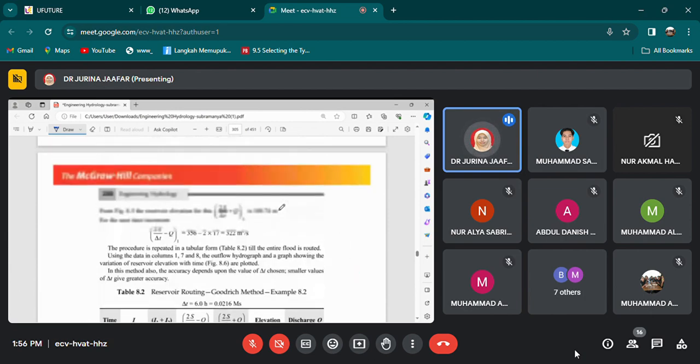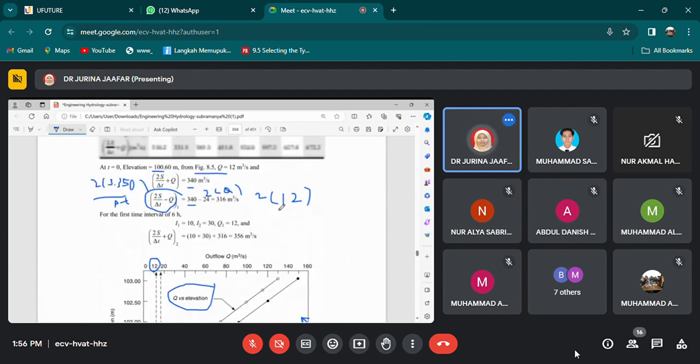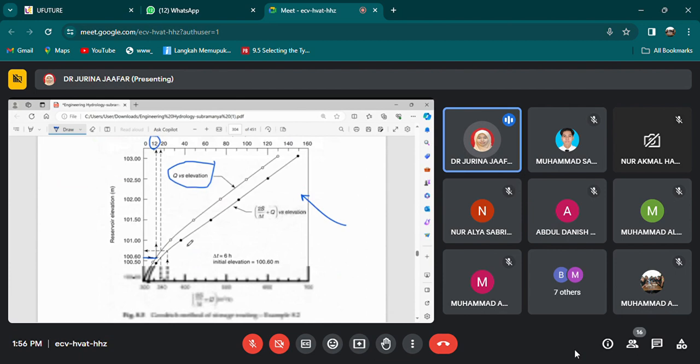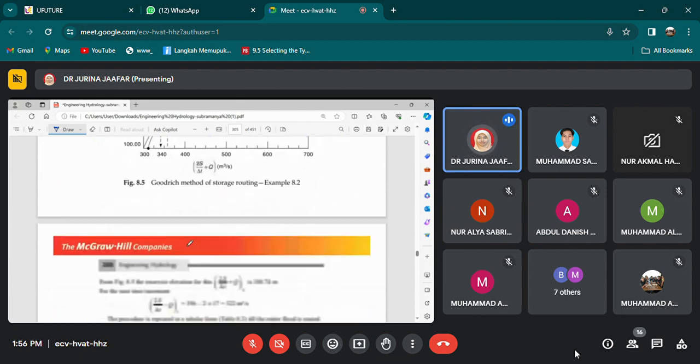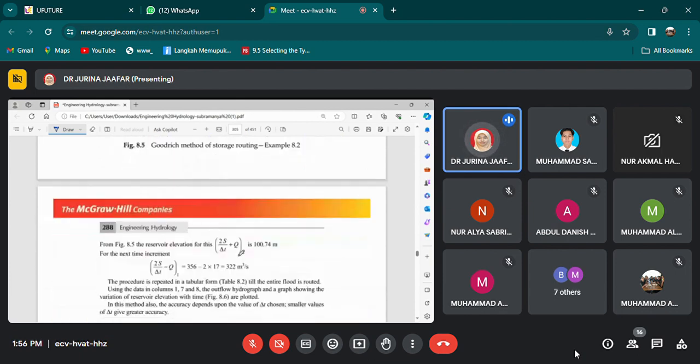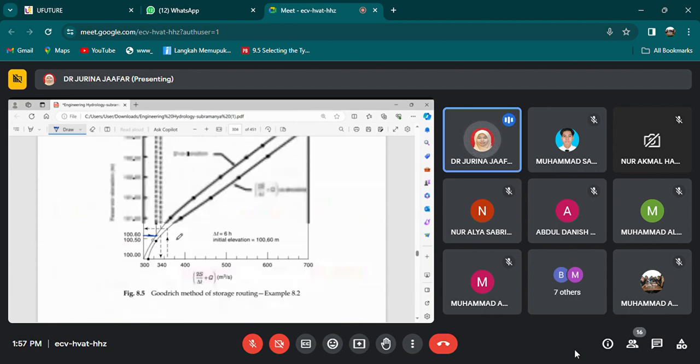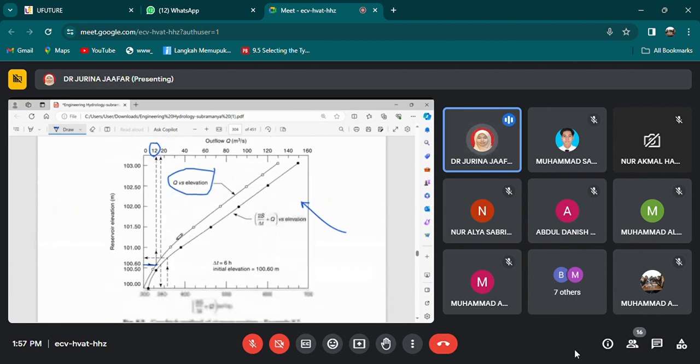So to find out what will be the elevation, tambah dengan ni 40 kita dapat 356. Then from those diagram, from the reservoir elevation 2S over delta T 100.74 ni kita baca daripada figure. So maksudnya yang 356 is somewhere here, 356.